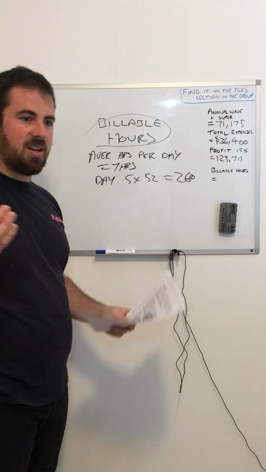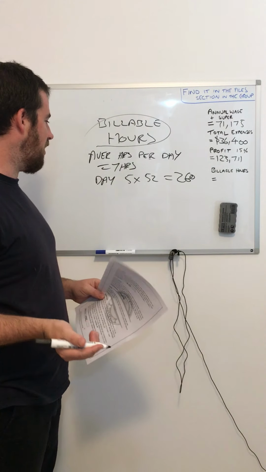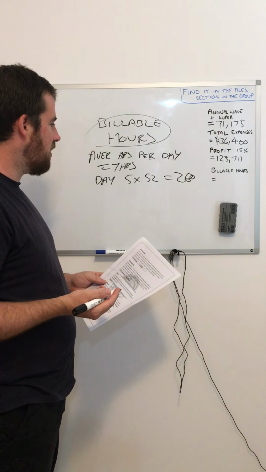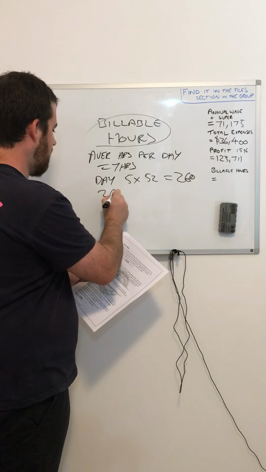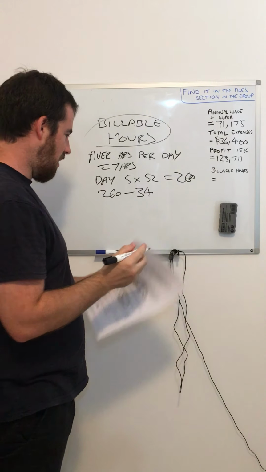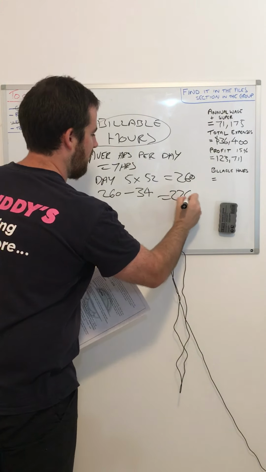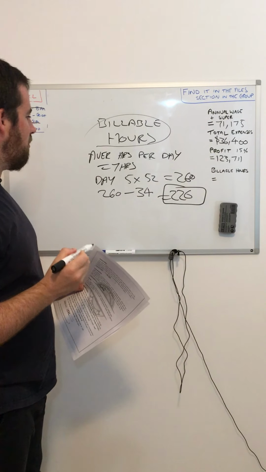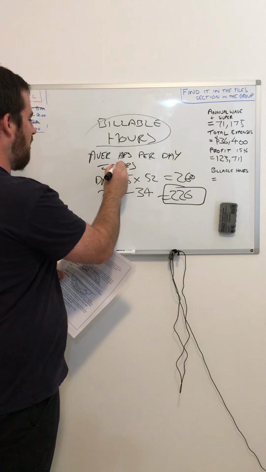Now, it might be more rain days where you are or whatever, it doesn't matter, you work it out. So 34 days off in total. So 260, take 34 days off, equals 226.